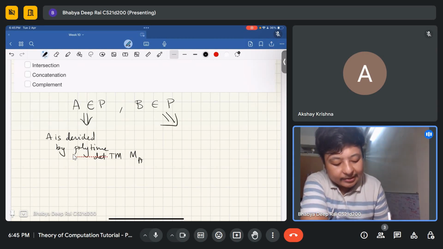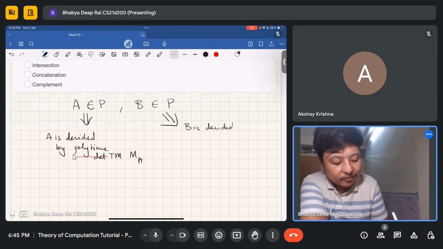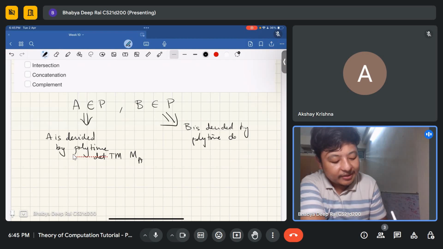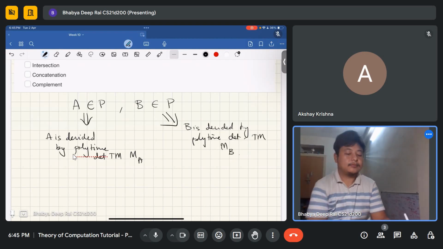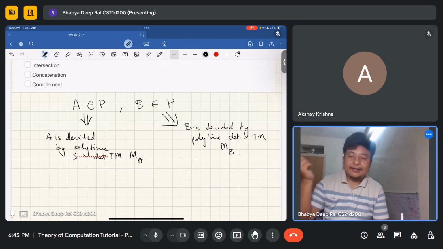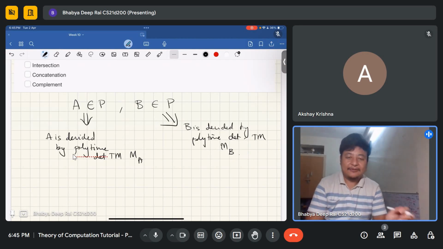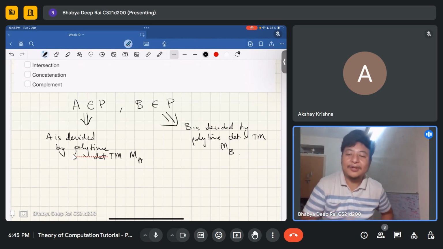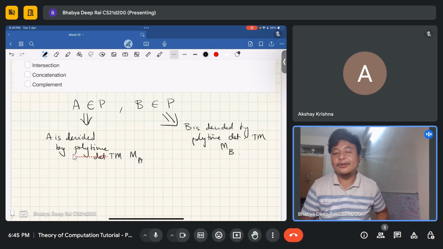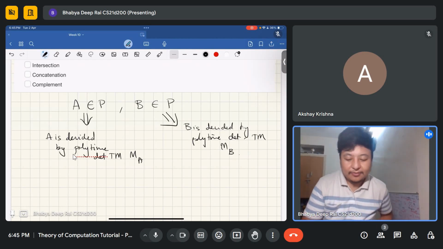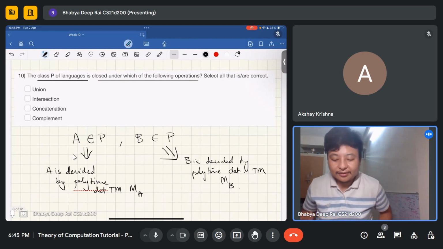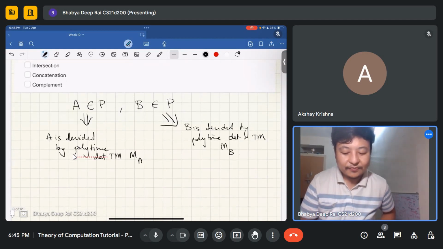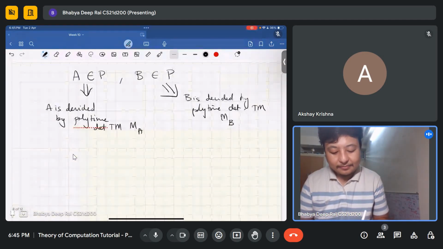And B is decided by a polytime deterministic Turing machine MB. The language of MA is A and the language of MB is B, and each of them takes polynomial time and they are deterministic. They are not non-deterministic. So the question is, is the union of these languages, A union B, in P?